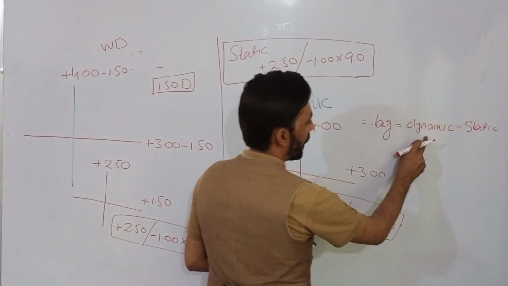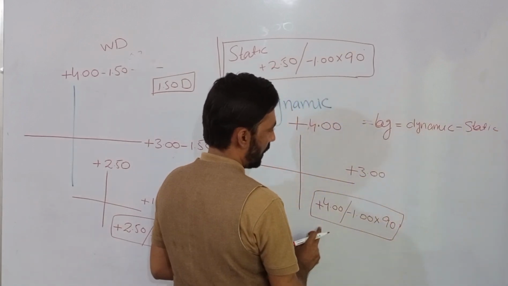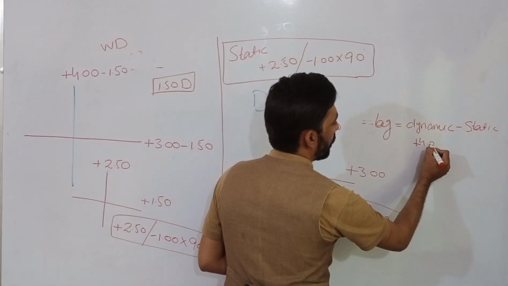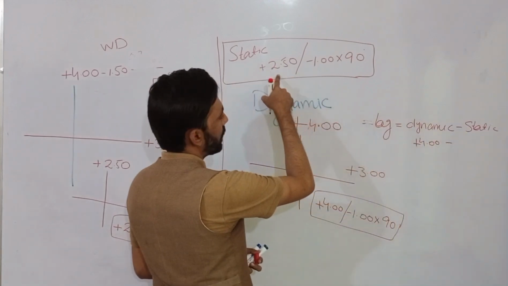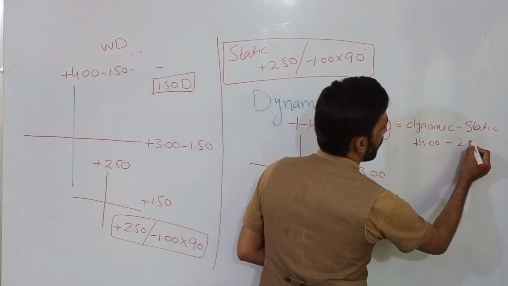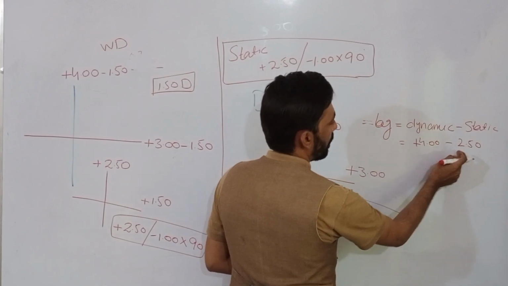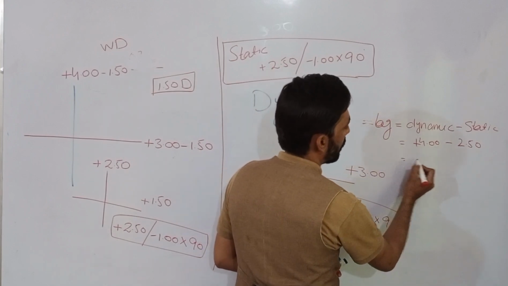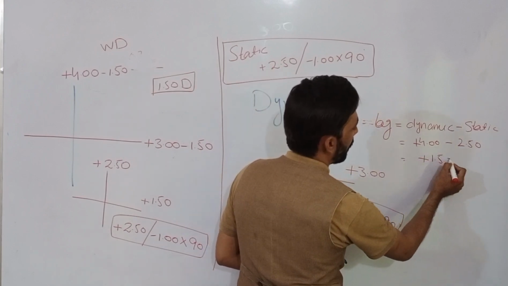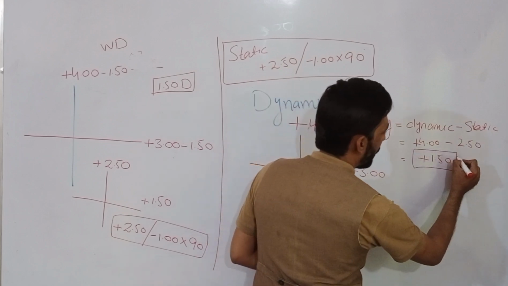Dynamic is plus 4, static is plus 2.5. When we deduct 2.5 from plus 4, the answer would be plus 1.5. So is this our lag of accommodation?